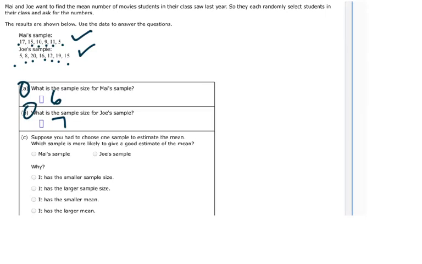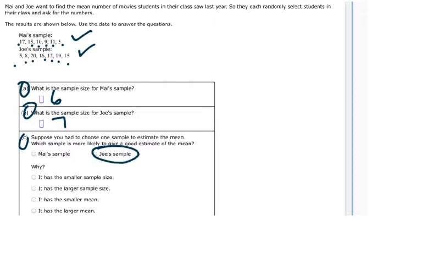Very, very simple. Letter C, suppose you had to choose one sample to estimate the mean. Which sample is more likely to give a good estimate of the mean? Well, they're both very close, but again, like we talked about last time, the more samples you have, the more accurate it's going to be. So in this case, Joe's sample would be a little more accurate, even though it only has one more.